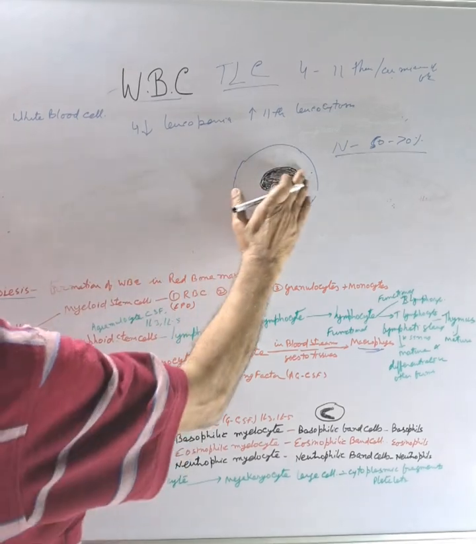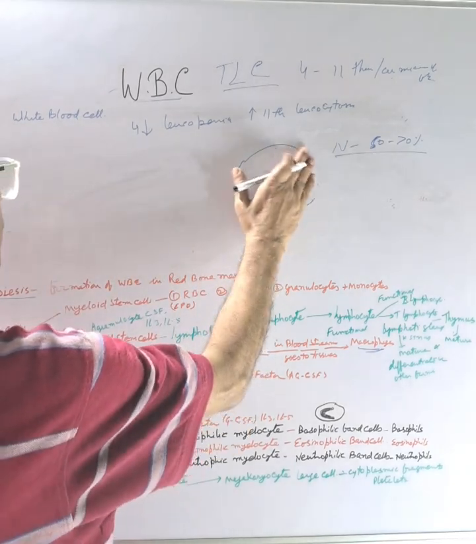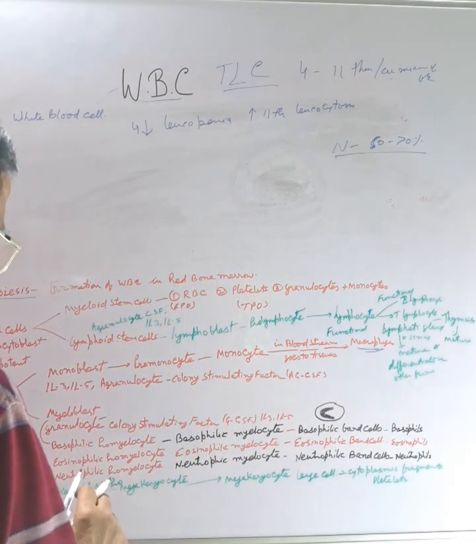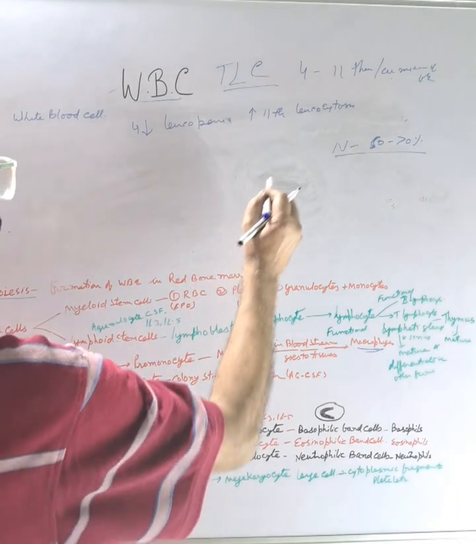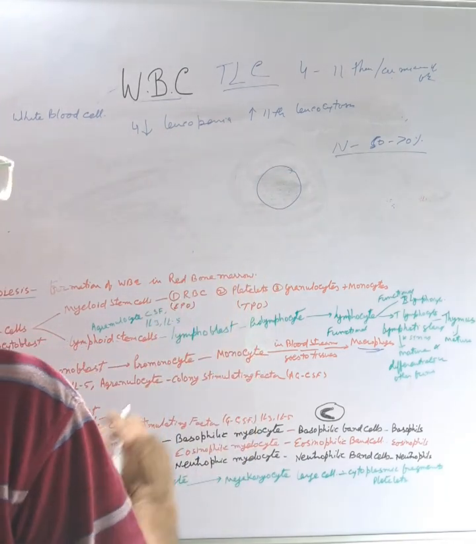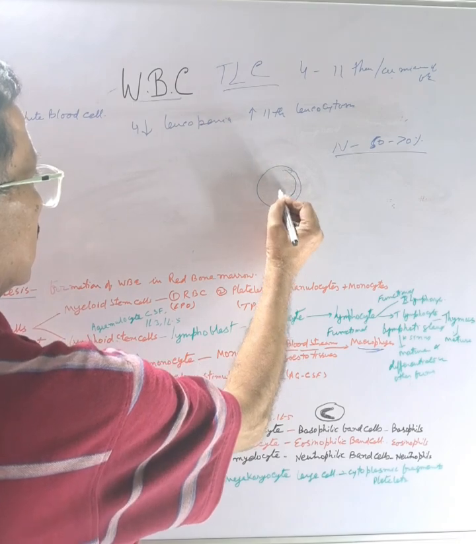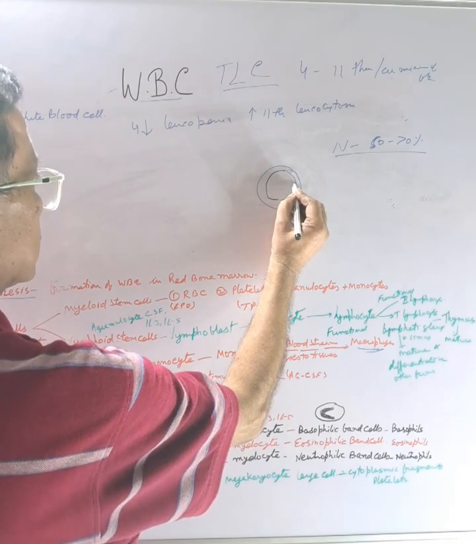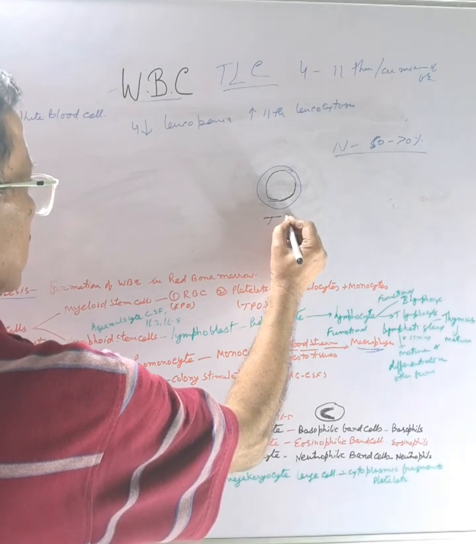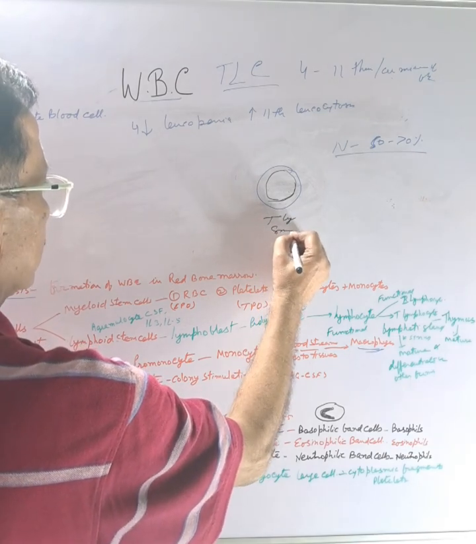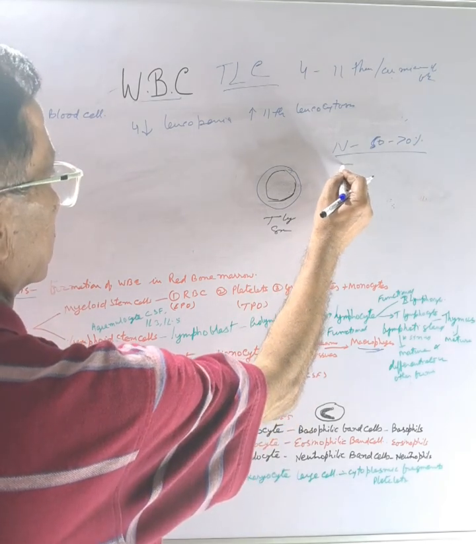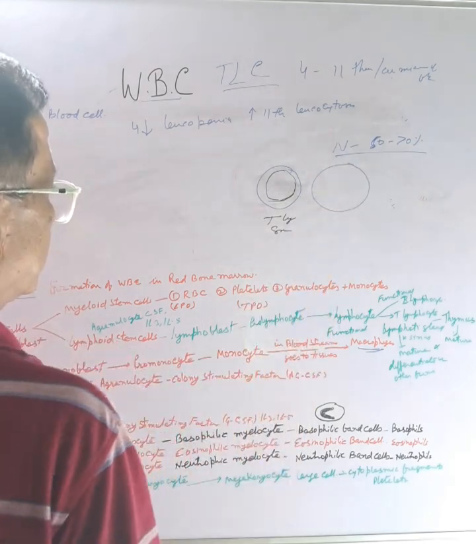Okay, now lymphocytes. Lymphocytes are of two types. First is a small lymphocyte, or T lymphocyte. Small lymphocytes have a large nucleus, and only a rim of cytoplasm is there. Size is 7 to 10 micron.